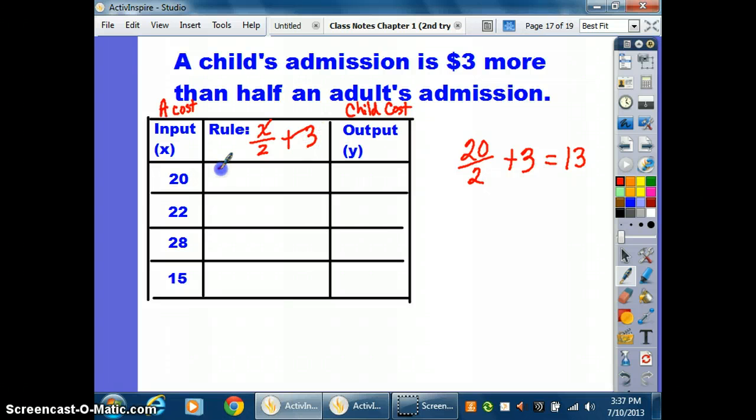All right, so we have 20 divided by 2 plus 3, and we said that's 13. And then we have 22 divided by 2 plus 3. That's 11 plus 3. Oh, that's $14. Then we jump to 28. If the ticket was $28, half of 28 is 14. 14 and 3 is $17 for the child's ticket.